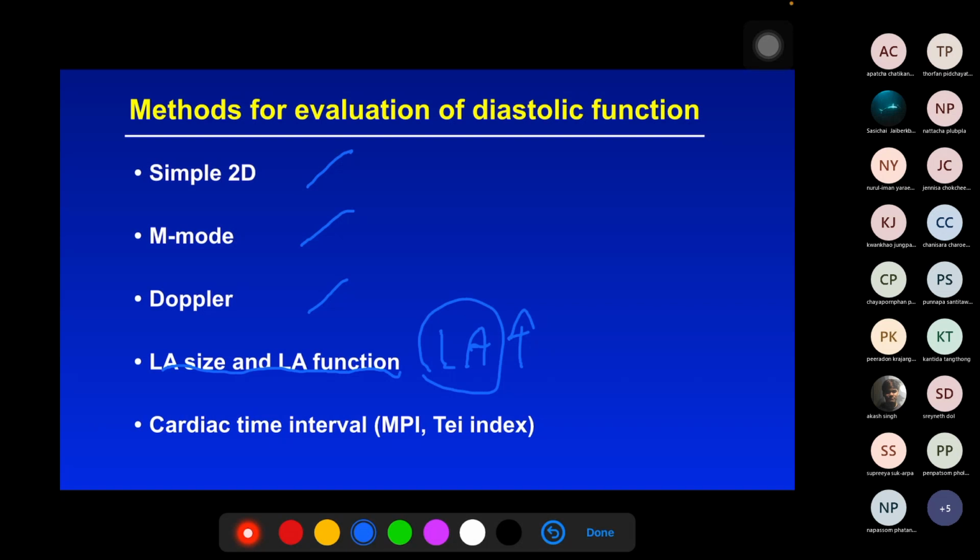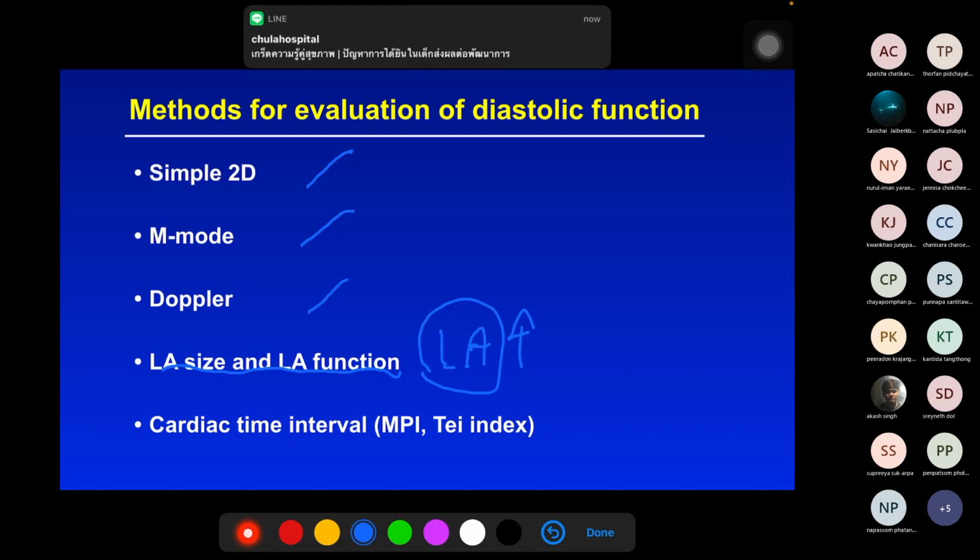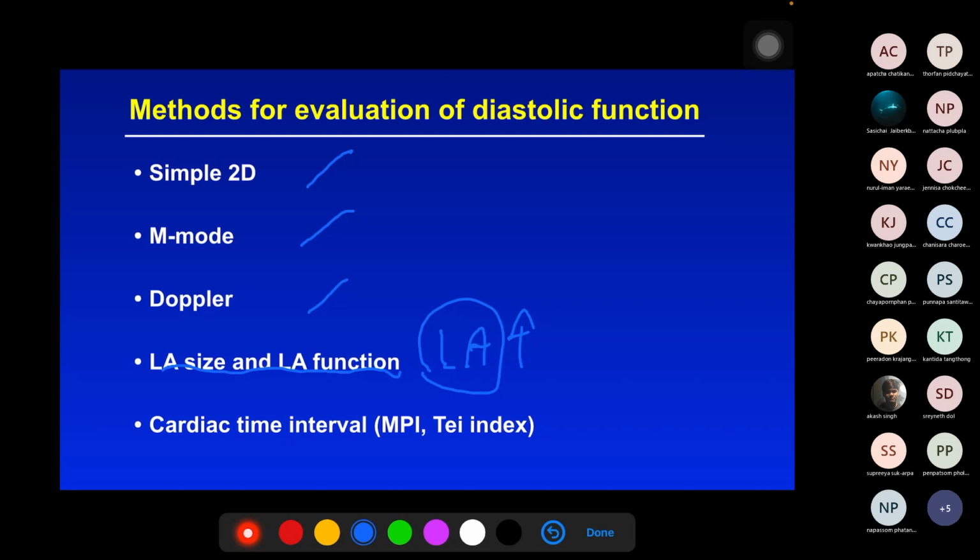If there is LA enlargement, it means the patient might have long-term diastolic dysfunction. The MPI or TE index is not commonly used in real practice because it's quite tough to measure the time change. So I will touch a bit on the TE index.